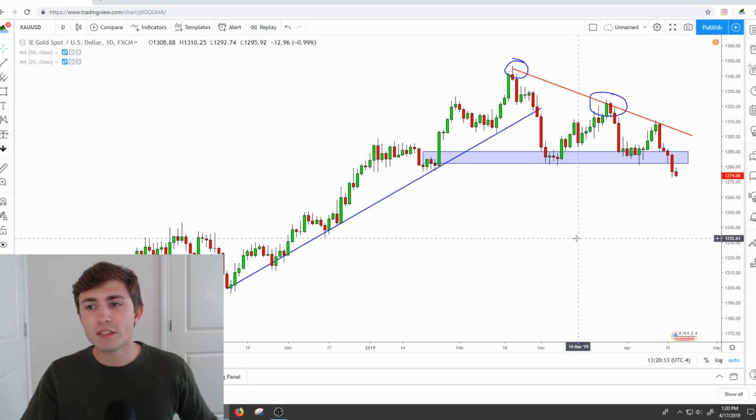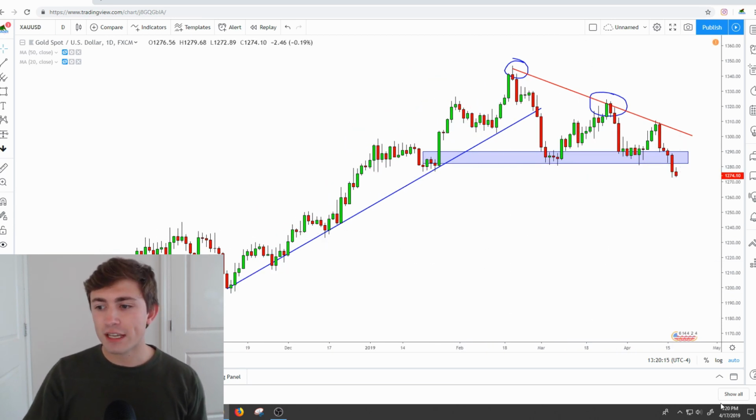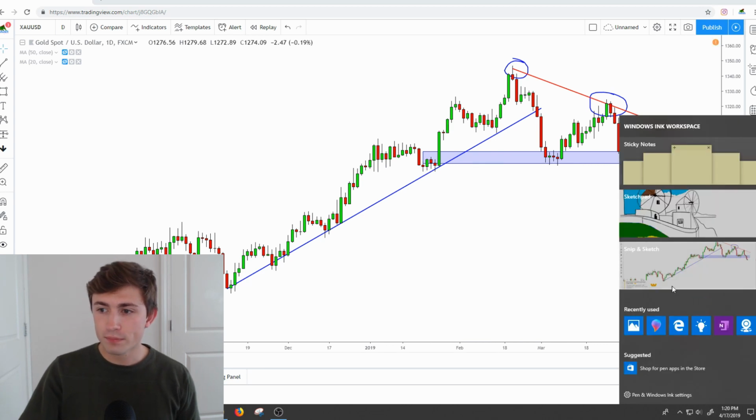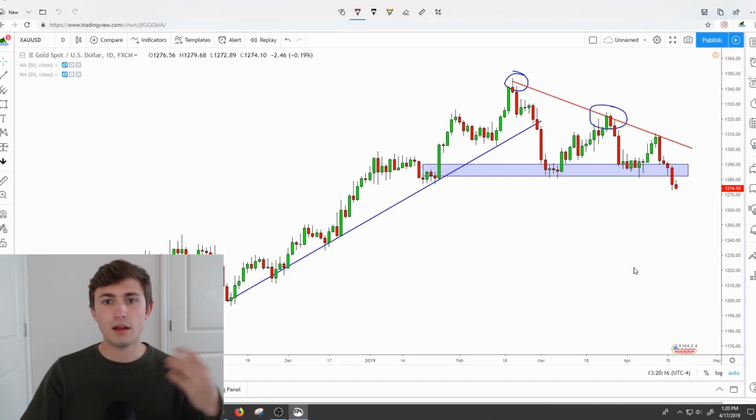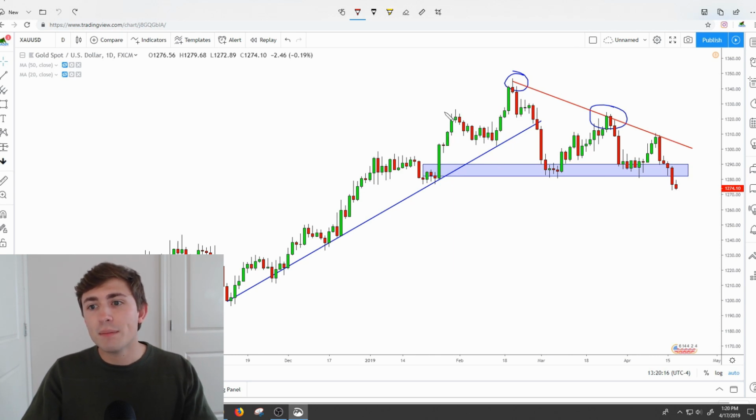Now, what we could have done as traders is we could have identified that at this point, when we had this series of lower highs forming on the chart, we could have gotten in on a pullback here and gone short, maybe even right around this level here, right? Because we had the anticipation that we were going to see a continued push to the downside when we knew that markets were breaking through structure already, right?